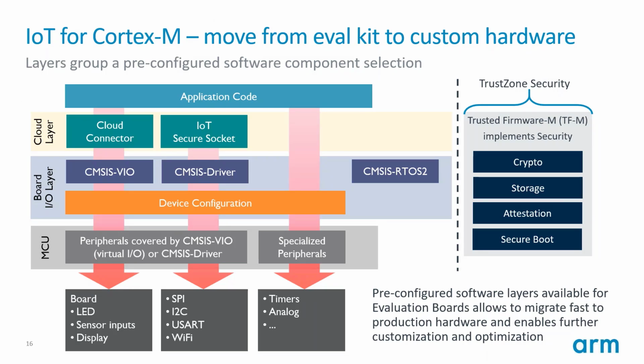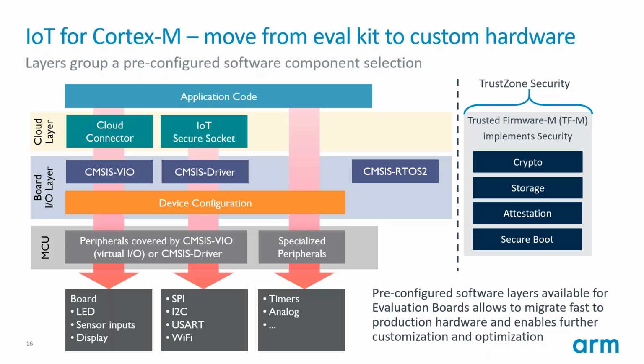This shows the complete software structure of the application that I will demonstrate in a minute. We have device configuration, so this configures the device setup. On top of the device configuration, which also includes the SDK of the silicon vendor, we then run the CMSIS drivers. There is a VIO driver for virtual I/O.